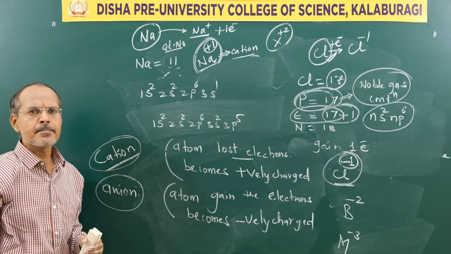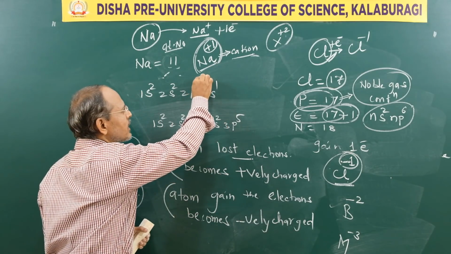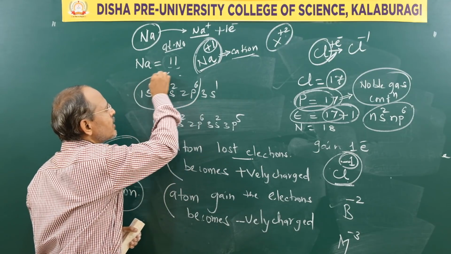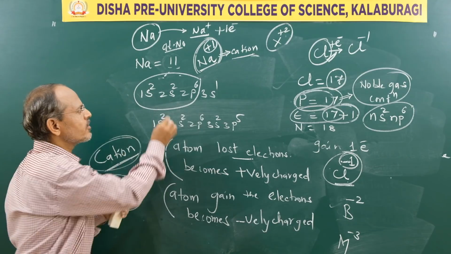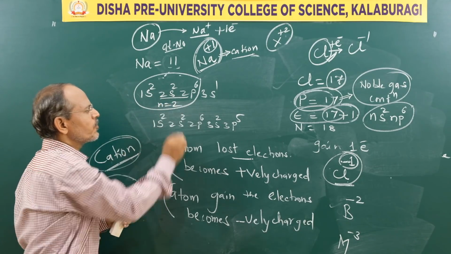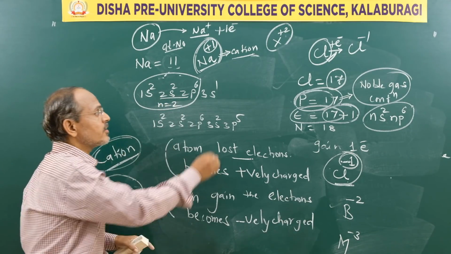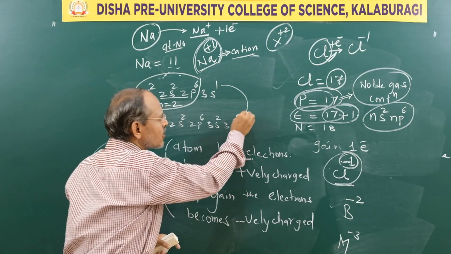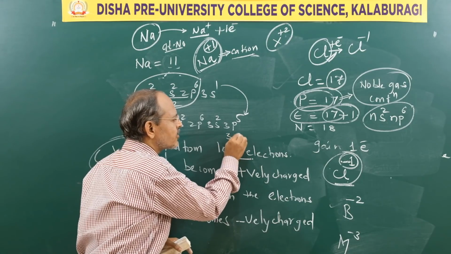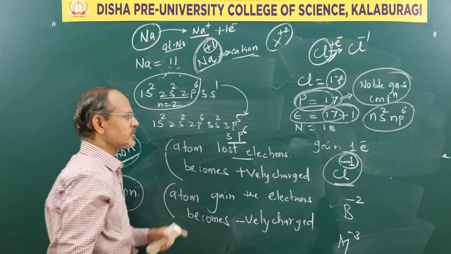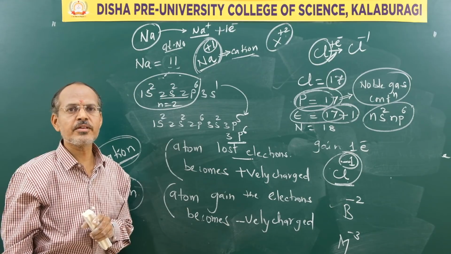Now after giving one electron, sodium becomes ns2 np6 where n equals 2. And this electron will be taken up by the chlorine. Now after taking this one electron, it becomes 3p6. There also it becomes ns2 np6.